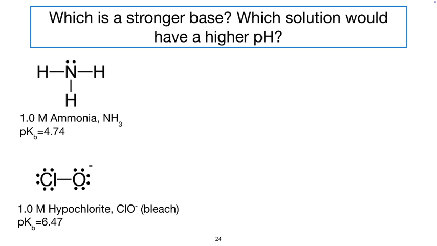This is really just summarizing what was just on that last slide. So which one's going to be the stronger base? I thought you all just talked about it. Which one's the stronger base? Ammonia. Okay, why? Smaller pKb. The follow-up question is which one would have a higher pH? That's too easy. Which one has a lower pH?